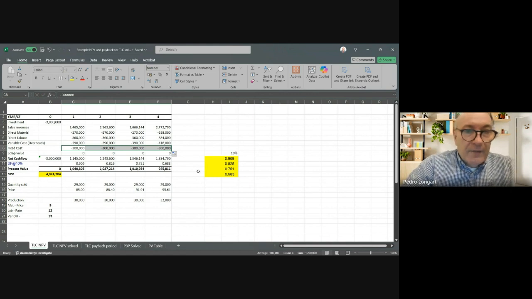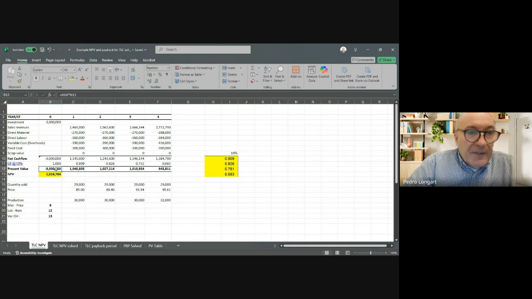And then you have the net present value after year 4, multiplying by 1.